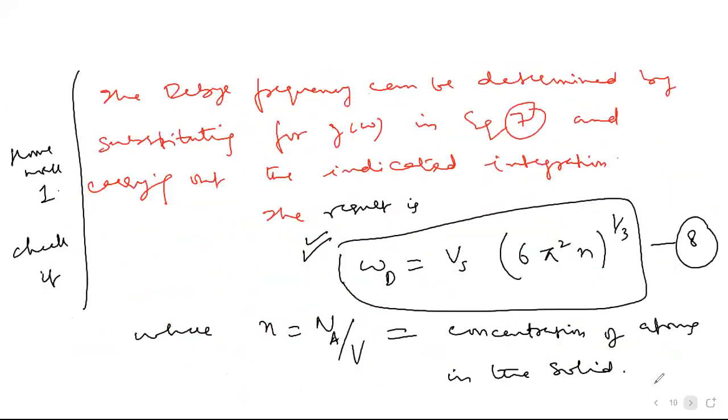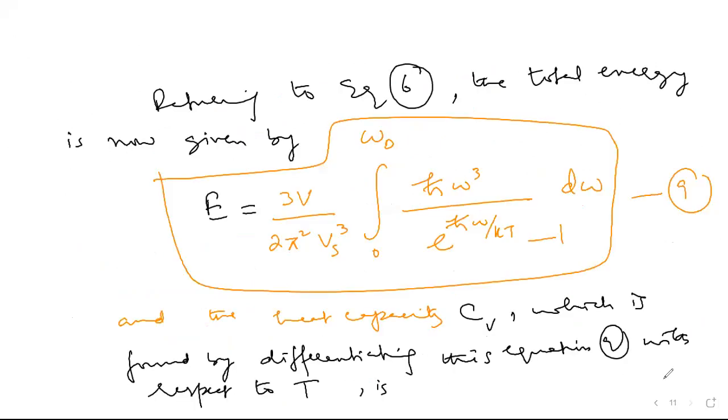So this is our total energy, equation 9. So if we differentiate it with respect to temperature T, we will get heat capacity CV, right? And when we do it, we get this expression.